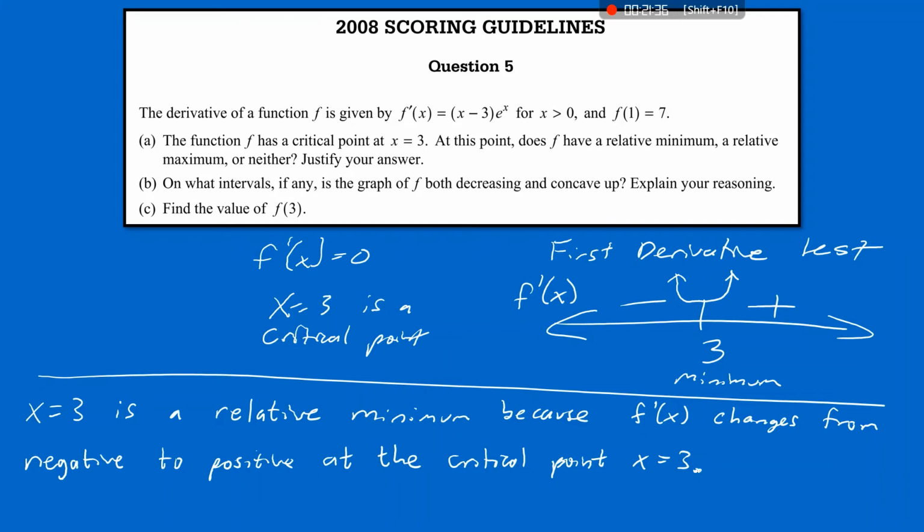Okay, and that should give us full credit. We did a first derivative test for this, which is fine. But is there any other way we could have done this?